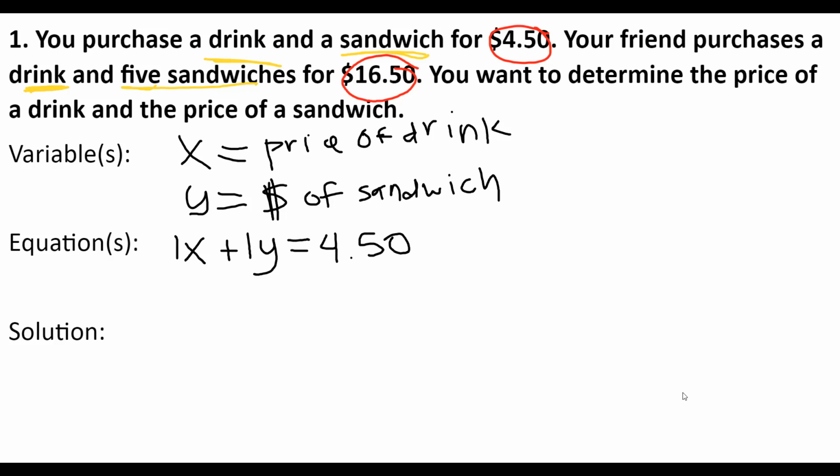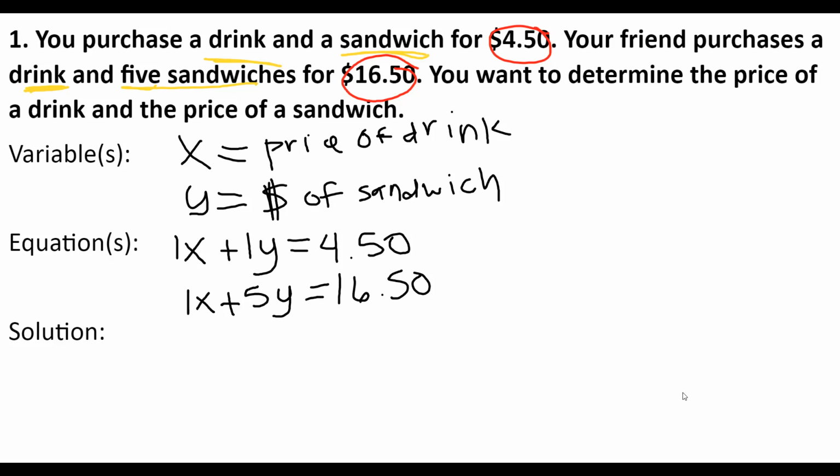Now let's do your friend. Your friend purchased 1 drink, and how many sandwiches? Yep, 5 sandwiches, and that equals $16.50. We want to determine the price of the drink and the sandwich, and we're going to do this with the substitution method.